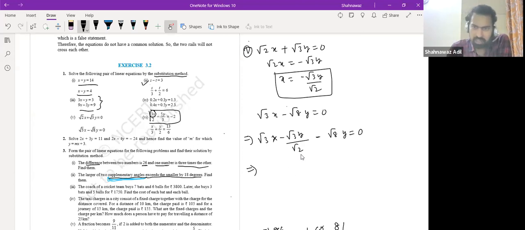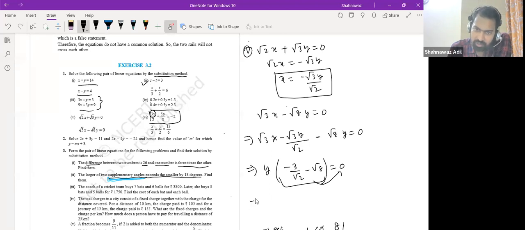So you see that we can take y common, right? This would be minus 3 by root 2 minus root 8 equals 0. So this part goes to the right-hand side and it becomes 0. So y is 0.